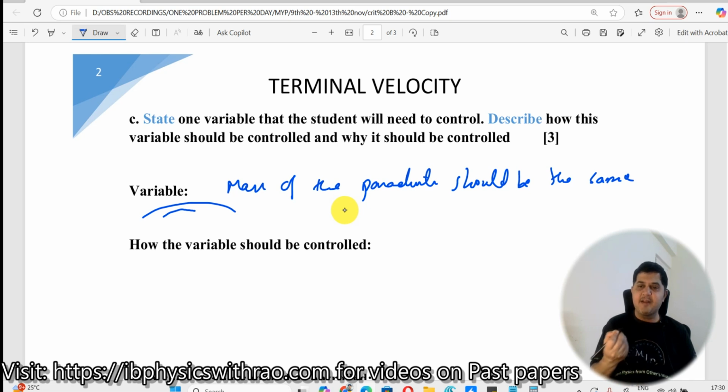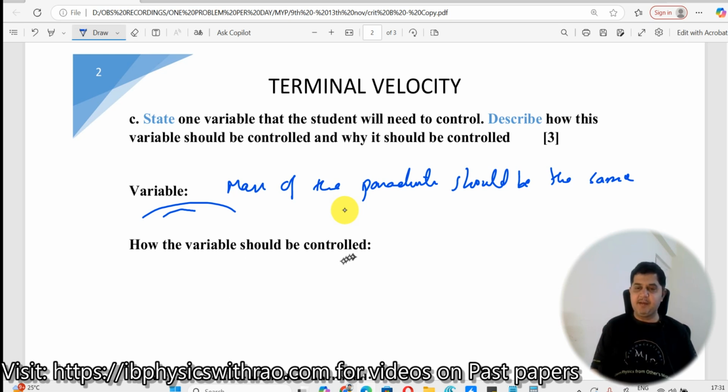How can the mass of the parachute be higher? What you do is you change the material of the parachute in such a way that the mass remains the same. So therefore, the mass of the parachute should remain the same. Okay, then what else do you need?